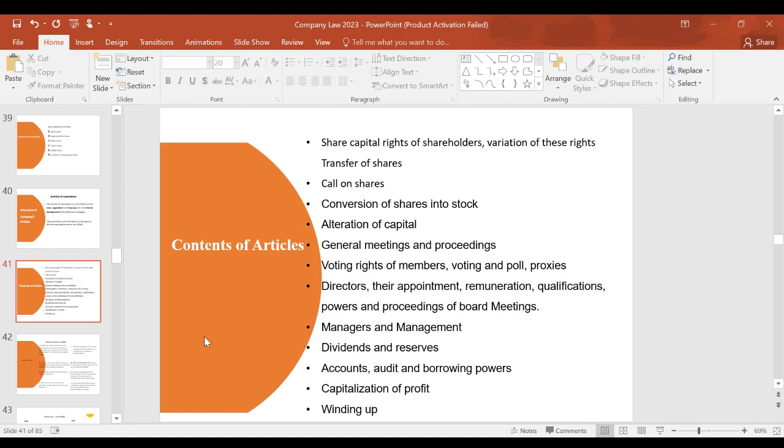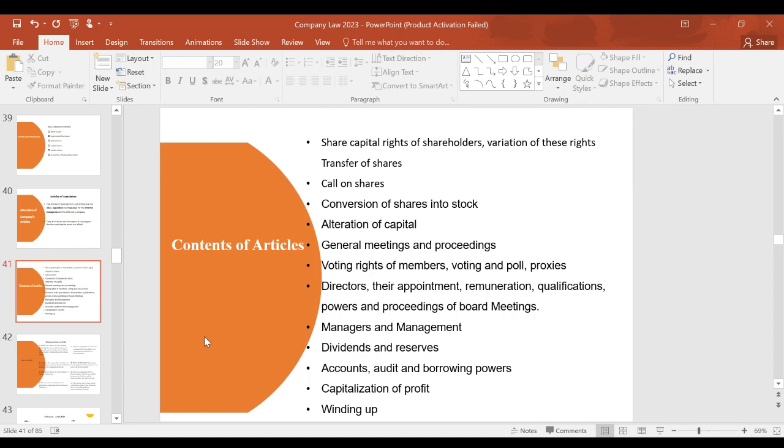And at the time when amendment happens, it must have a special resolution to come up with that. And other than just a special resolution, within the corporate governance structure, there are the procedures on how there can be an alteration of the capital of a particular company.